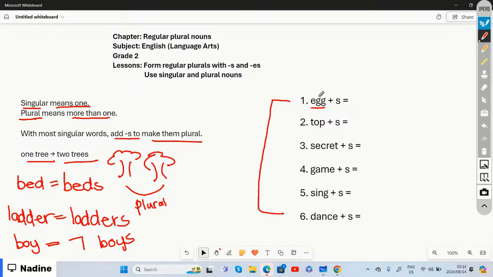All right, so one egg, if we add an S, then we say it is eggs.